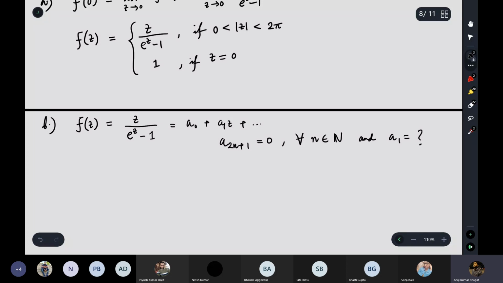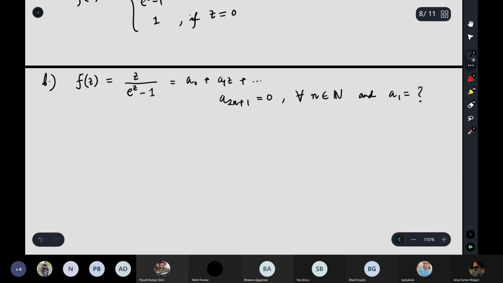So again, there are many ways to solve this question. One way: you have to prove that all the odd terms are 0, right? Odd coefficients are 0 except a1.